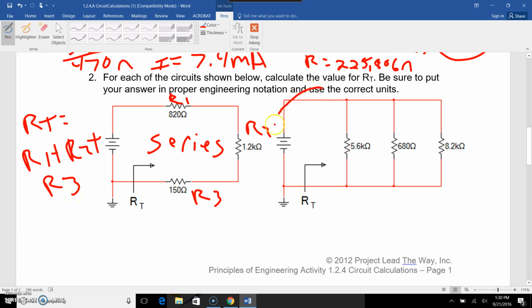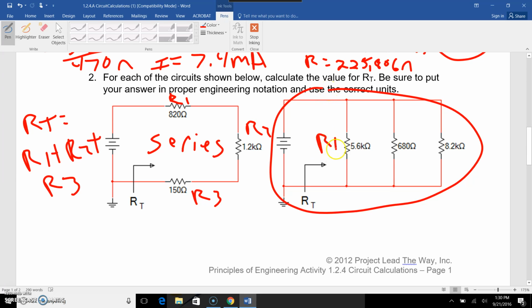Then here you'll see they have a parallel circuit. Same thing, resistor 1, resistor 2, resistor 3. The only difference now, the equation for total resistance in a parallel circuit is that monstrosity headache of an equation.